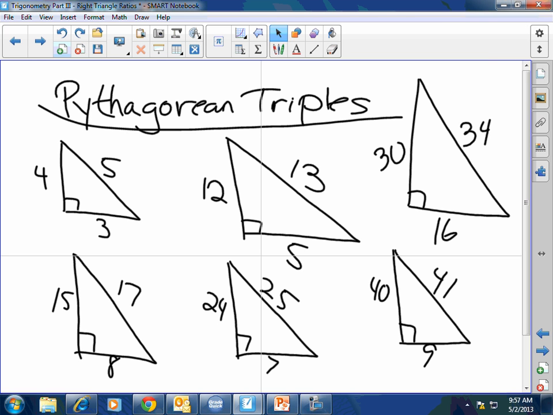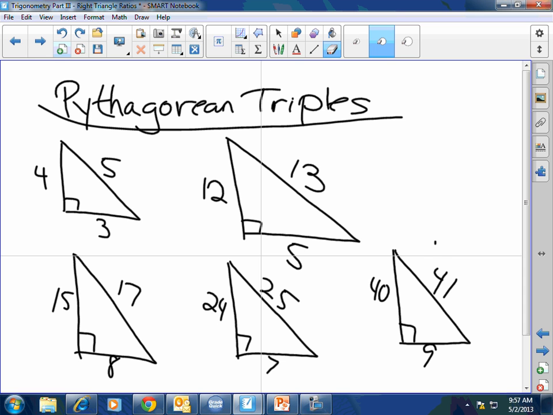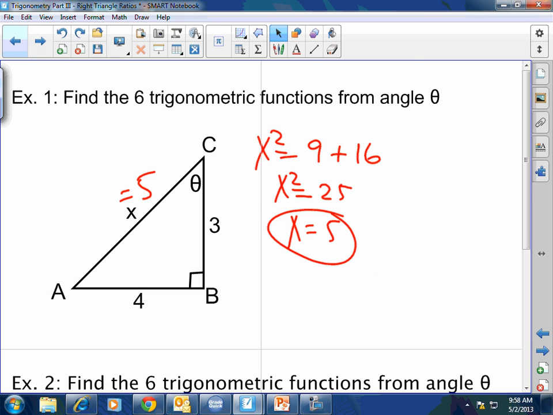My point is, these 5 are popular ones that are going to help you out in trig. Does that make sense? So X is 5.